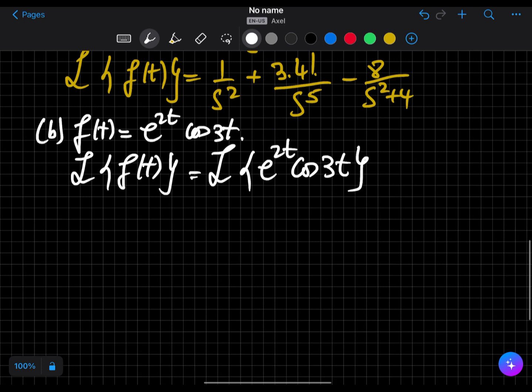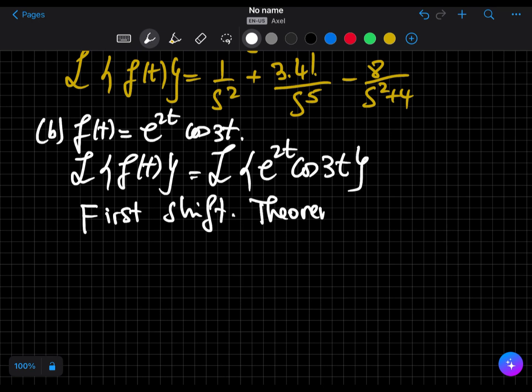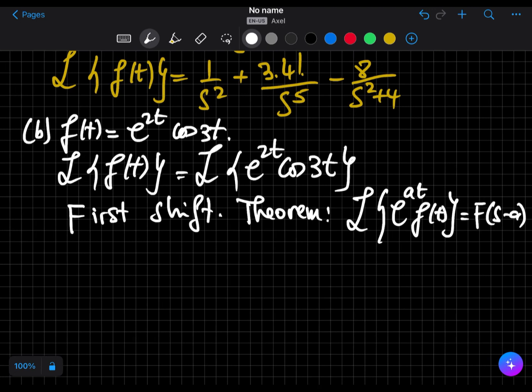Here we can use the first shift theorem, which says that the Laplace transform of e to the at times f of t is simply equal to F of s minus a. In this case, e to the at is e to the power 2t and f of t is cos 3t.